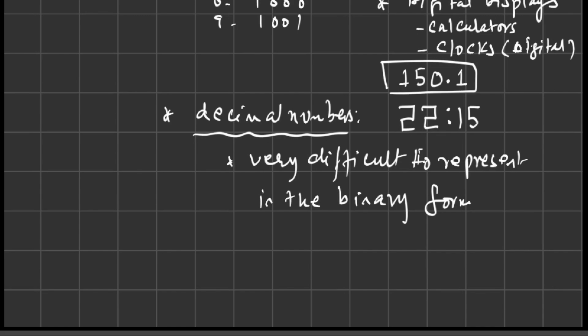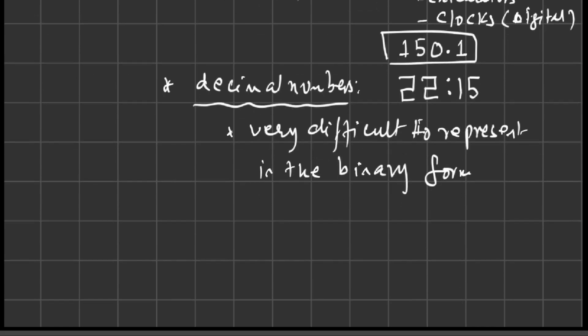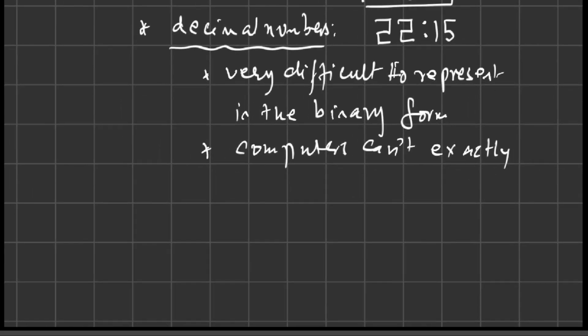And when they are represented in binary, computers can't exactly represent them. In your A2 class, you will learn the reasons behind this. There is a topic of fixed point representation, and there is also the issue of chopping off the fractional parts because of the limited space in the binary.